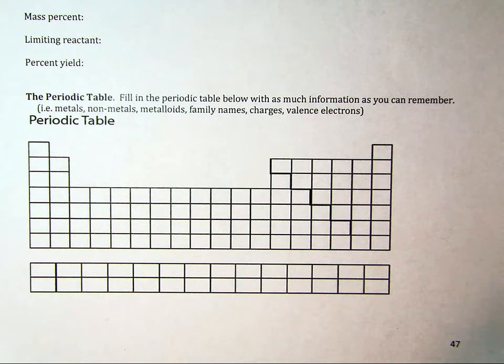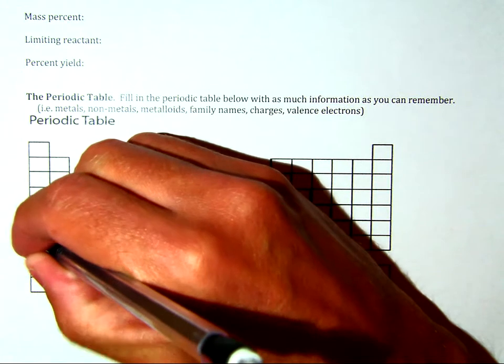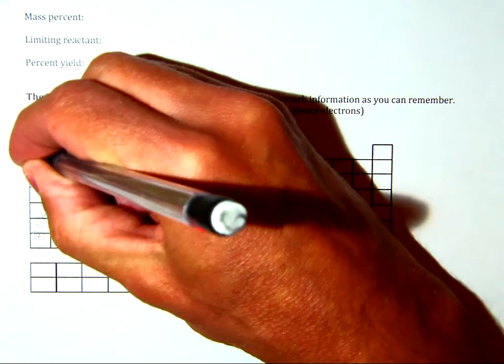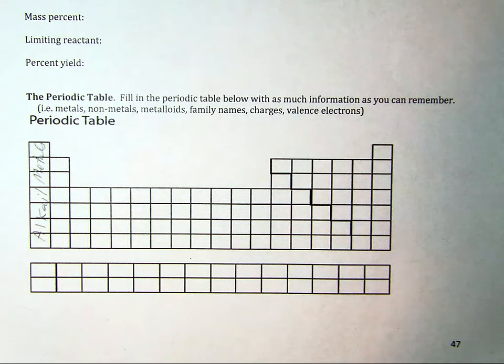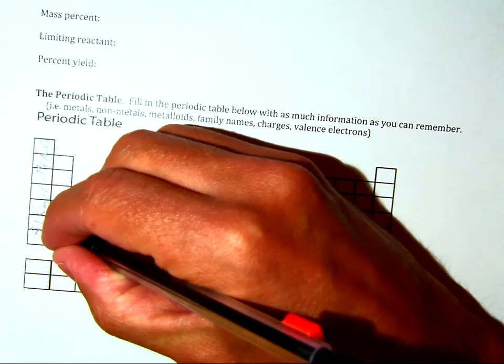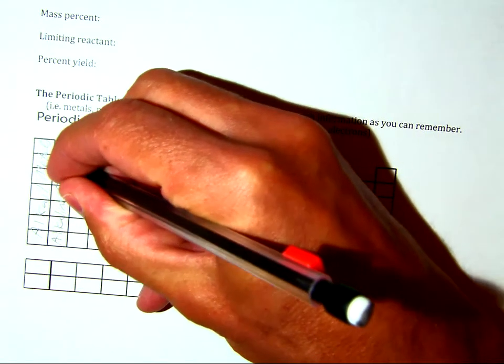And so here's what I would expect you to know by now. Let's go with the family names first. So this first group is the alkali metals. The second group is called the alkaline earth metals.